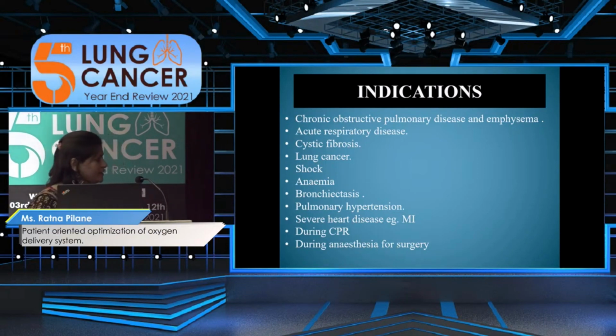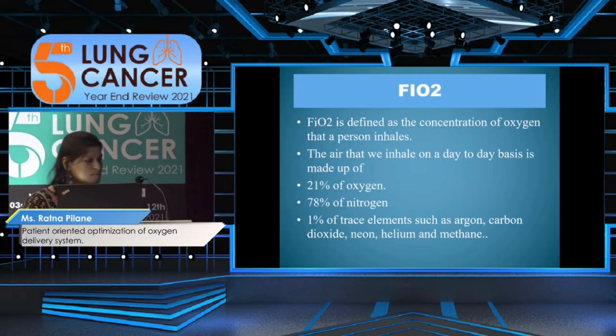Anemia. Bronchiectasis. Pulmonary hypertension. Severe heart diseases, for example myocardial infarction. In myocardial infarction there is ischemia of the myocardium, so it requires oxygen. During CPR, that is cardiopulmonary resuscitation, and during anesthesia for surgery. These are all the indications where you use oxygen.